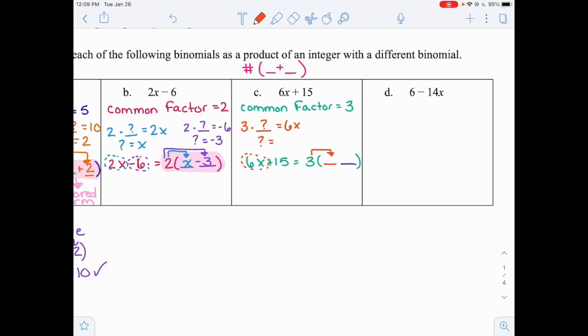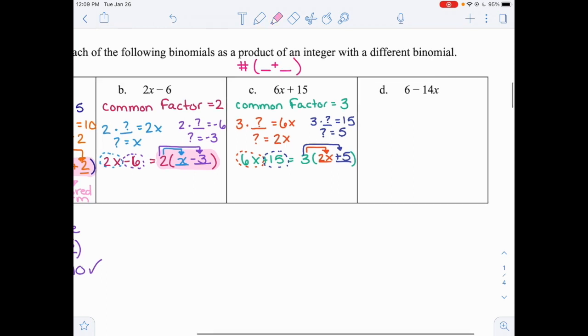So 3 times 2x will get me 6x. And then 3 times something should get me 15. So my something is going to be 5, and it's positive, so I need to put the plus. You need to make sure you're putting the sign there. And that is our factored form. You factored the expression to be 3 times 2x plus 5.